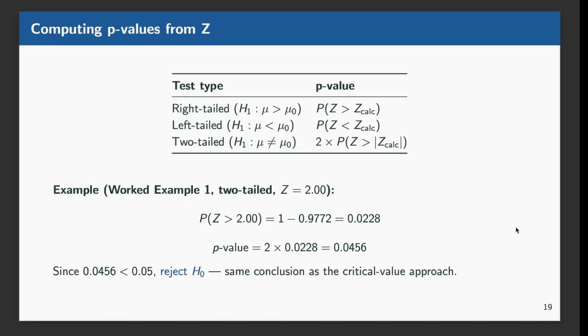Since 0.0456 is less than 0.05, we reject H0, which is exactly the same conclusion the critical value approach gave us earlier. Notice that neither approach is somehow more correct than the other. They are simply two different languages describing the exact same underlying evidence.